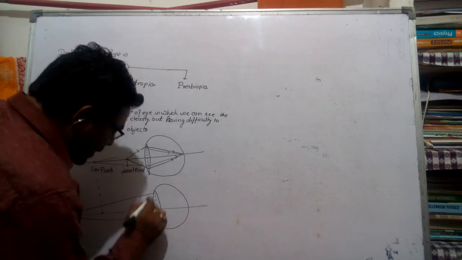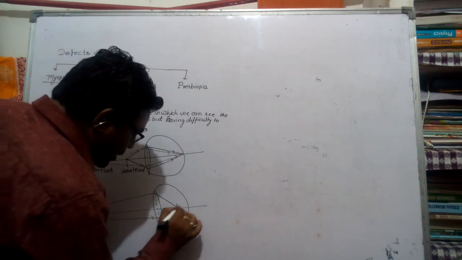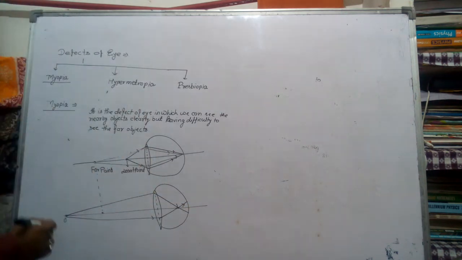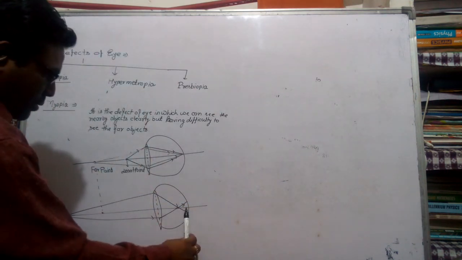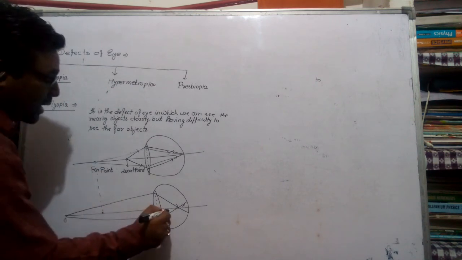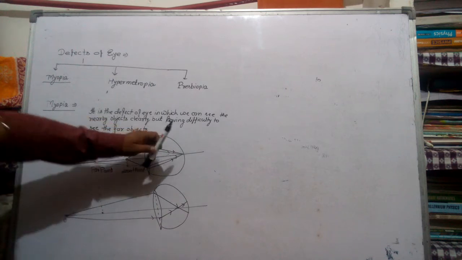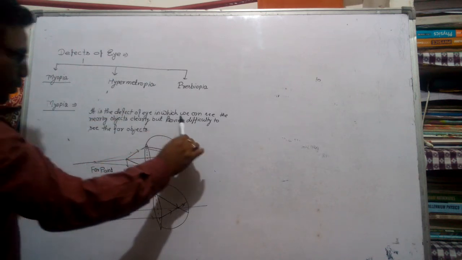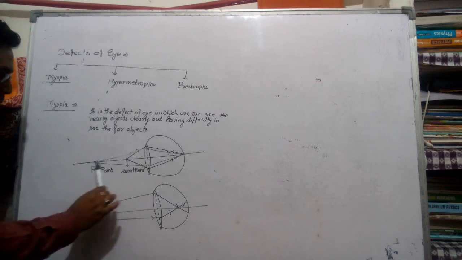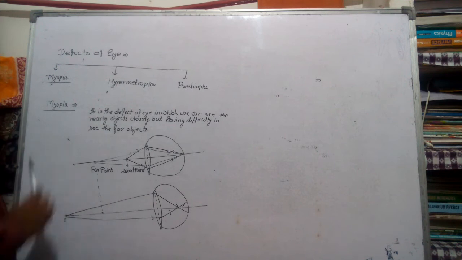Now the image of this object is not formed on the retina. It is formed before the retina. The object is not seen clearly. Understood, beta? So it is the defect of the eye in which we can see the nearby objects clearly, but having difficulty to see the far objects.